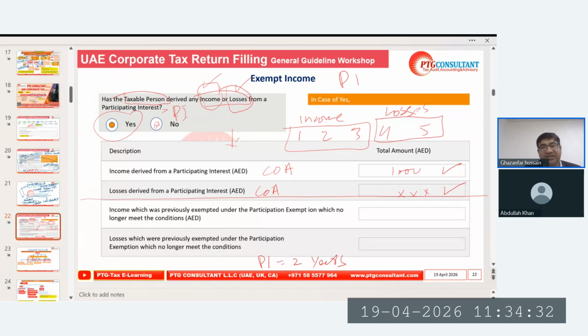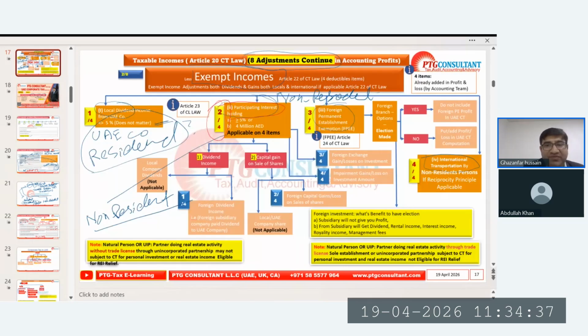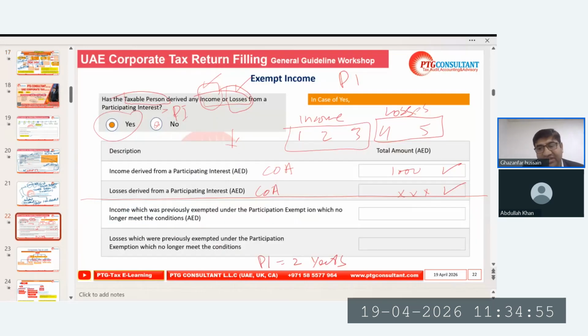If we come back and see over here, one condition is written: 5% or more shareholding in that PI, or 4 million. Then in case of dividend, they said if you are getting the dividend, then your holding period of the investment must be more than 2 years.